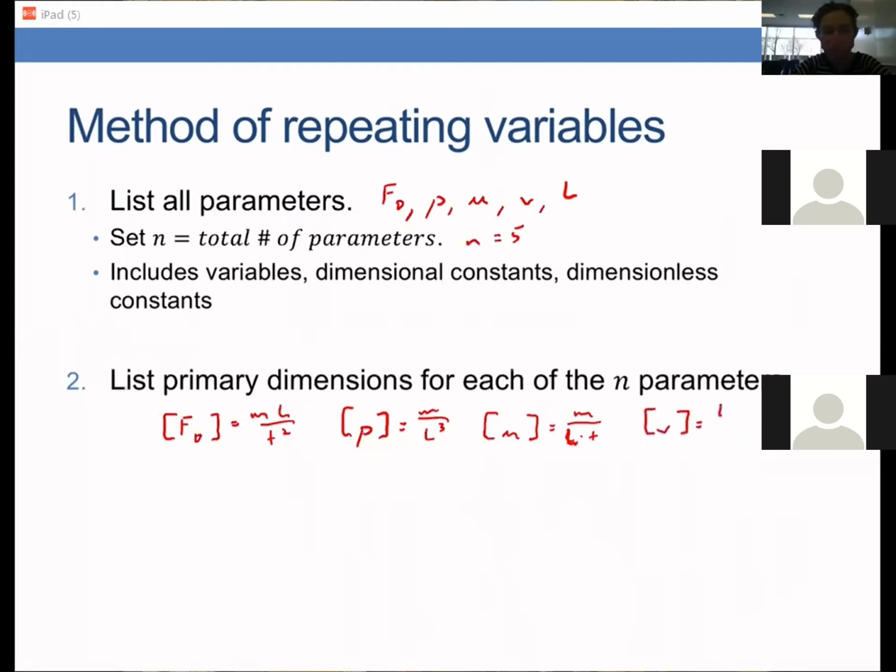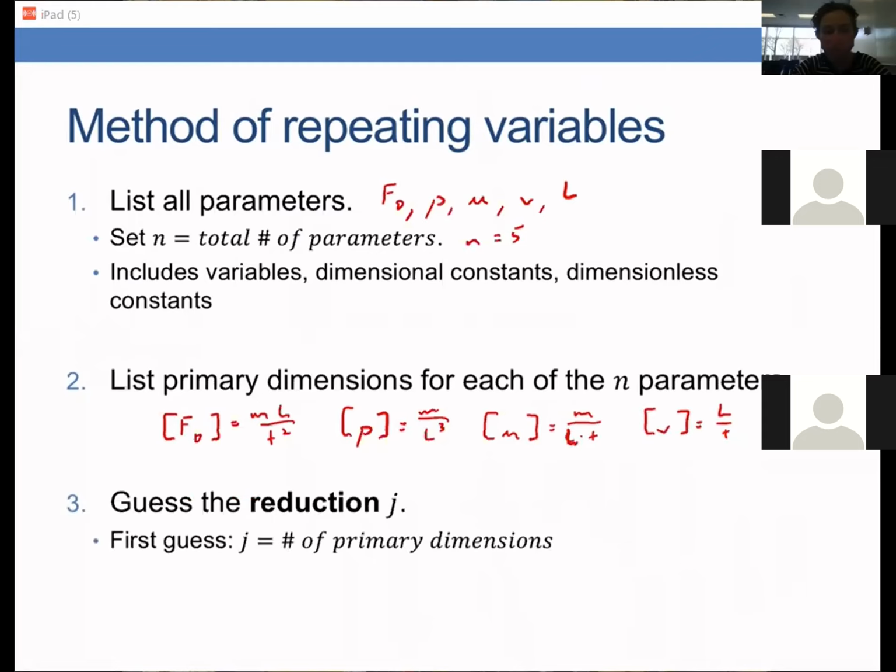Velocity, length per time, and length is length. Okay. So we're going to guess what's called the reduction, which is J. Our first guess will be J is equal to the number of primary dimensions. So how many primary dimensions are there in this system?